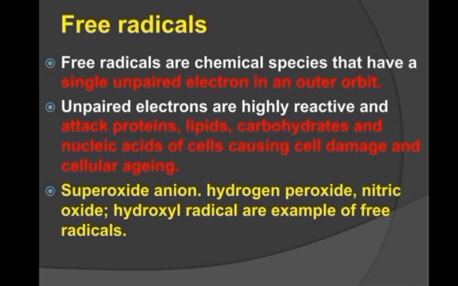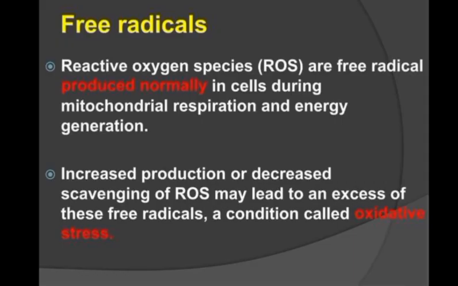Free radicals are chemical species that have a single unpaired electron in an outer orbit. These unpaired electrons are highly reactive and attack proteins, lipids, carbohydrates, and nucleic acids, causing cell damage and cell aging. Superoxide anion, hydrogen peroxide, nitric oxide, and hydroxyl radical are some examples of free radicals.